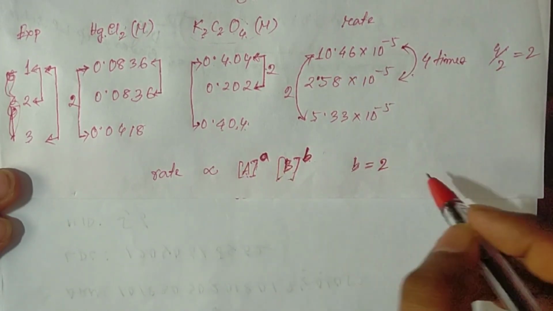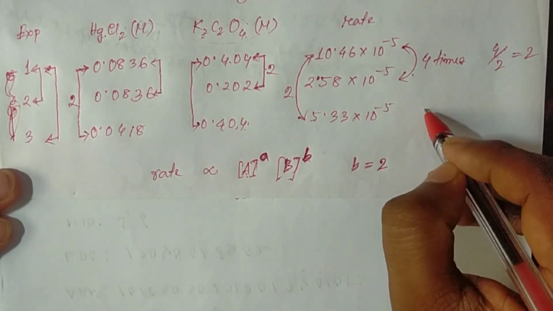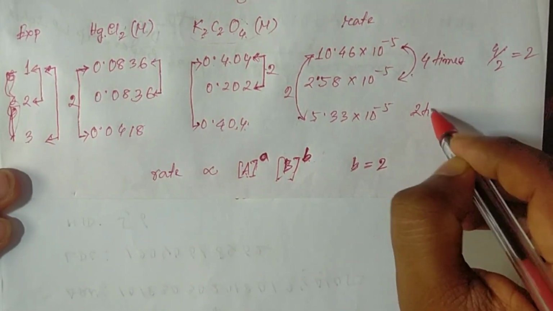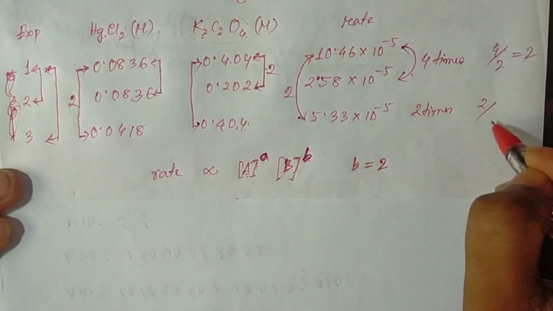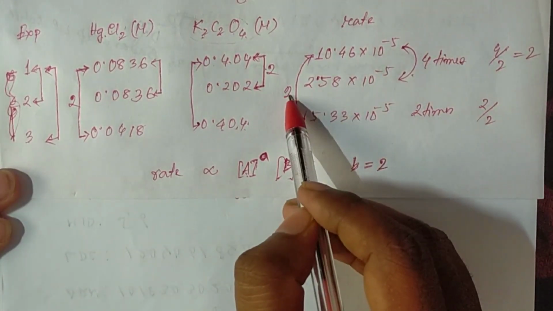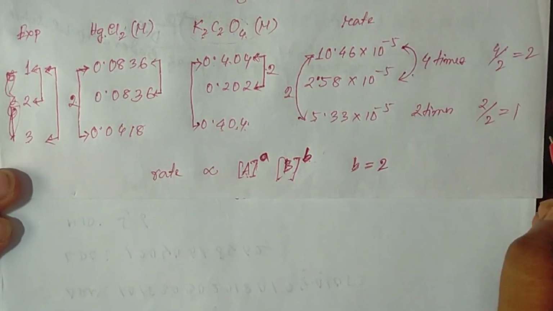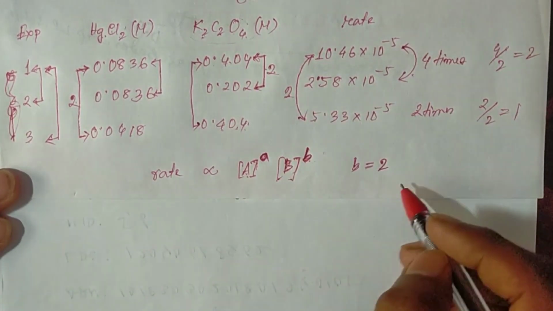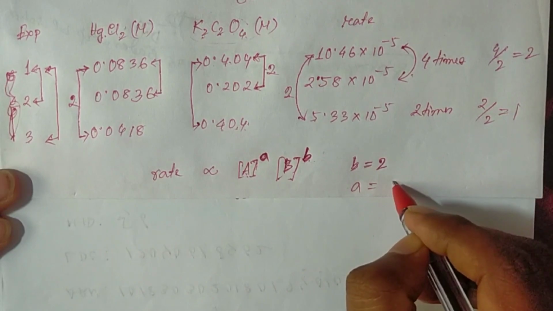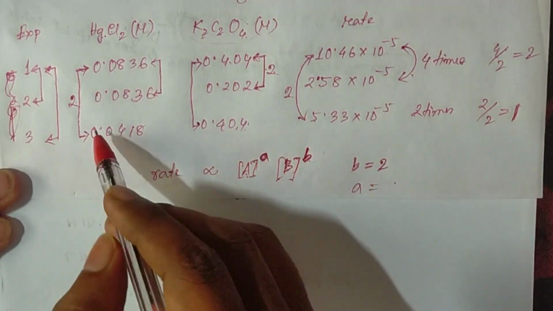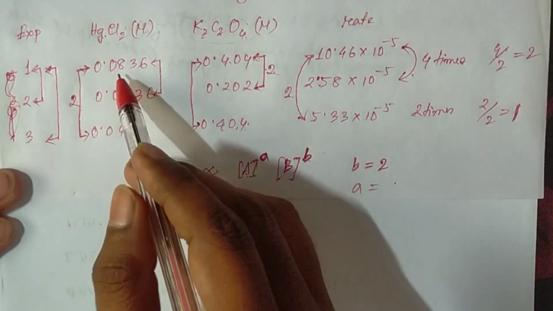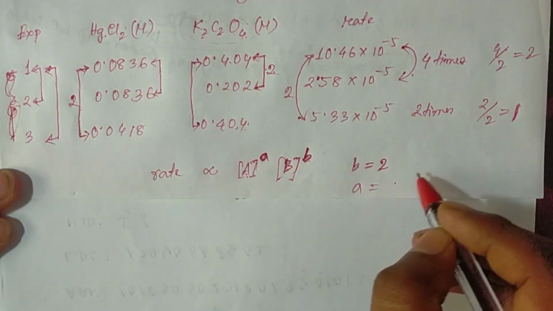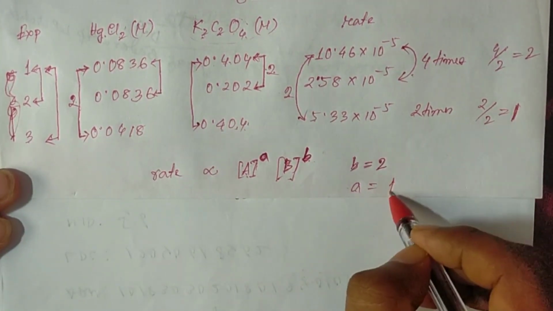So for HgCl2, 2 divided by 2 is 1, so a is 1.